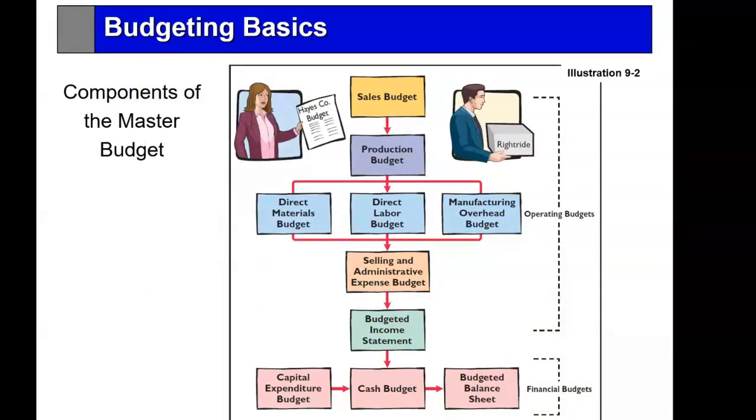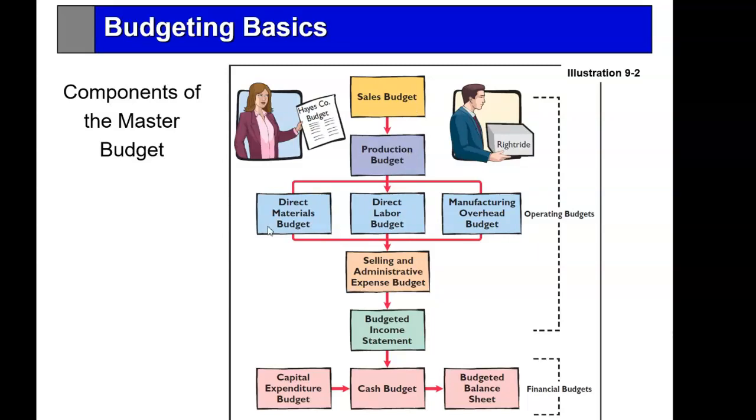Now, this is an overview of the master budget. As you can see at the top, this is the sales budget. That has to be done very carefully because the production manager takes those numbers for January, February, March, April, May, and plans the production. We have to produce the product we're going to sell. So the production manager takes the sales budget and plans his production budget.